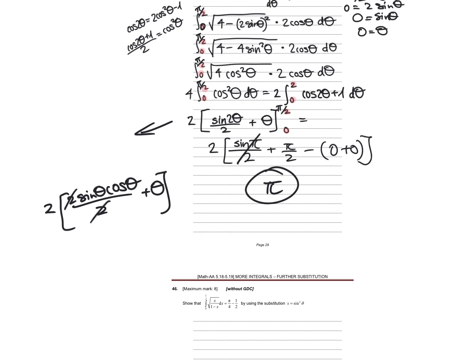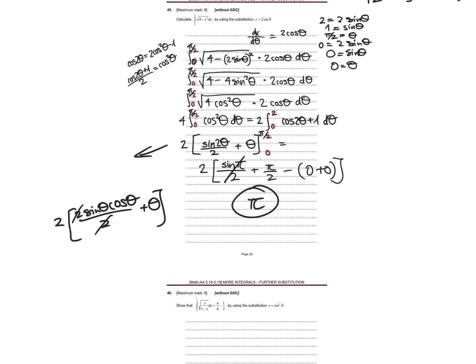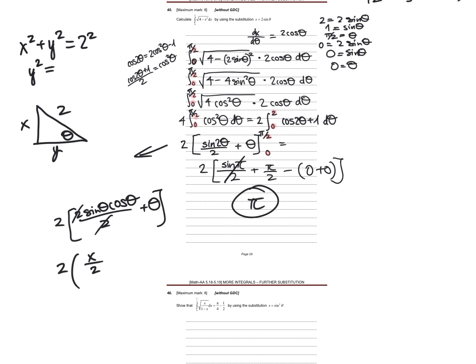Those cancel. Sine theta is x over 2. Cosine theta now, so sine theta is x over 2, so we're going to have x squared plus y squared equals 2 squared. And then y squared is 4 minus x squared.